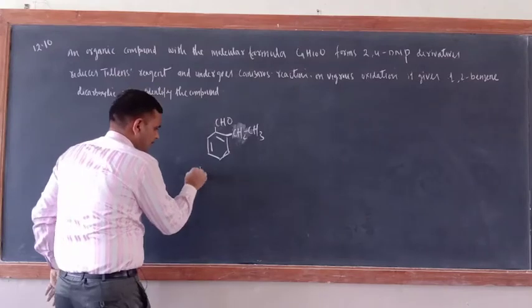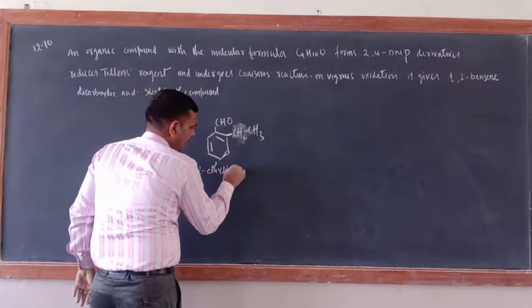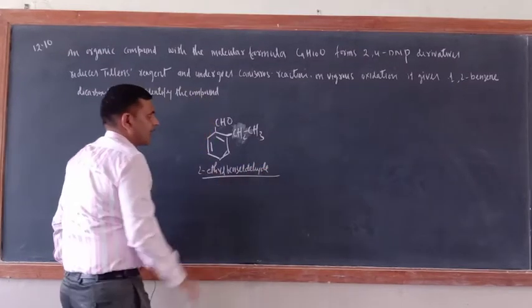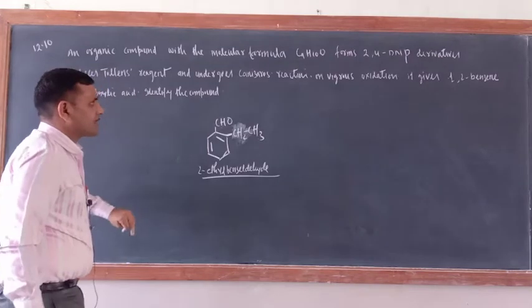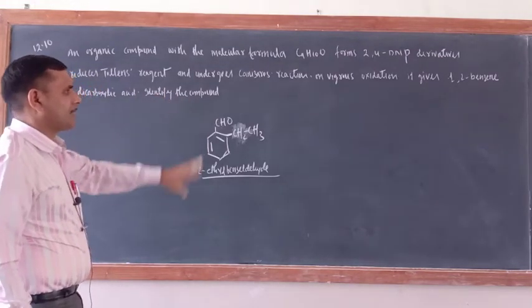What is the name of this one? 2-ethyl benzaldehyde. Yes. Now next one, it forms 2,4-DNP derivatives.